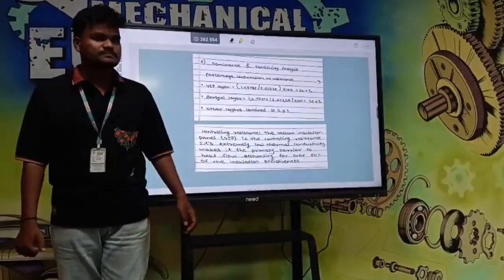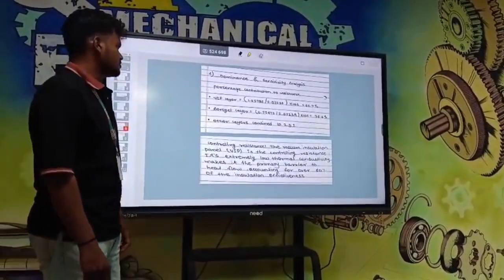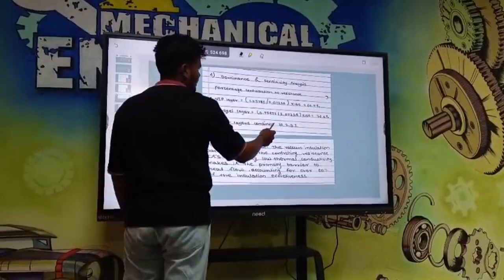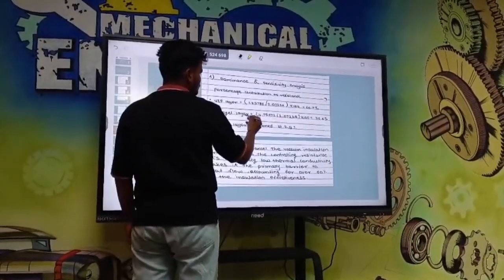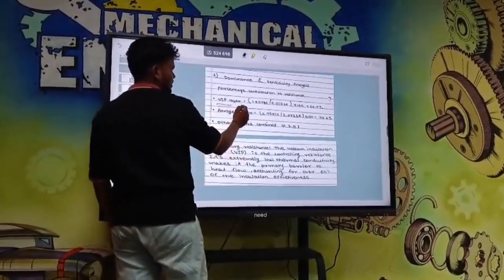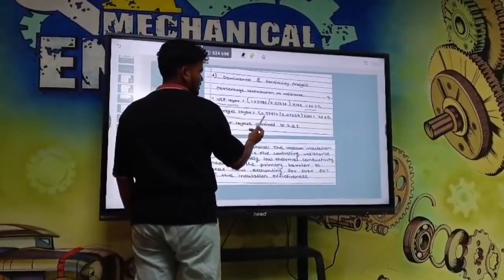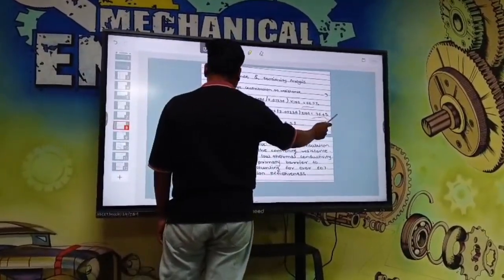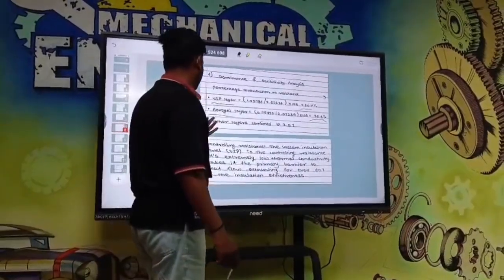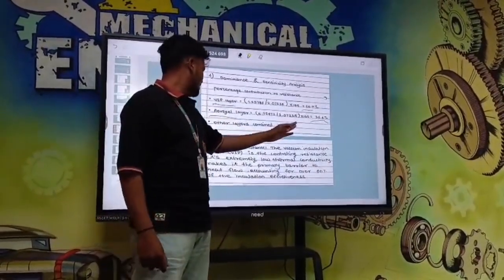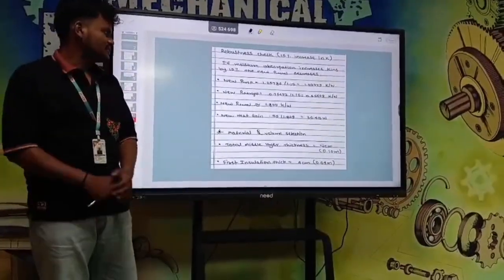Next is sensitivity analysis. To calculate it, we take R divided by R total, times 100. For the VIP layer it comes to around 60.7%, and for the aerogel layer 36.4%. I did the same for the other layers combined, which is around 2.9%. This is the robustness check.